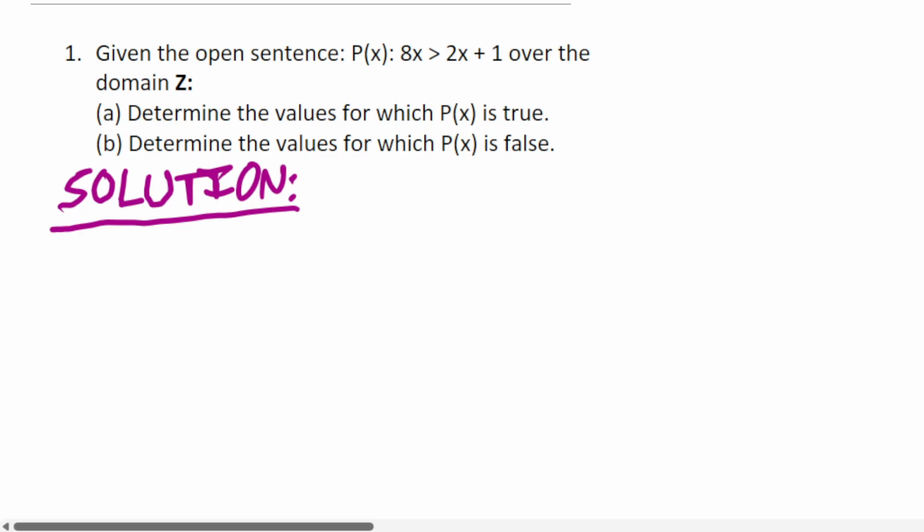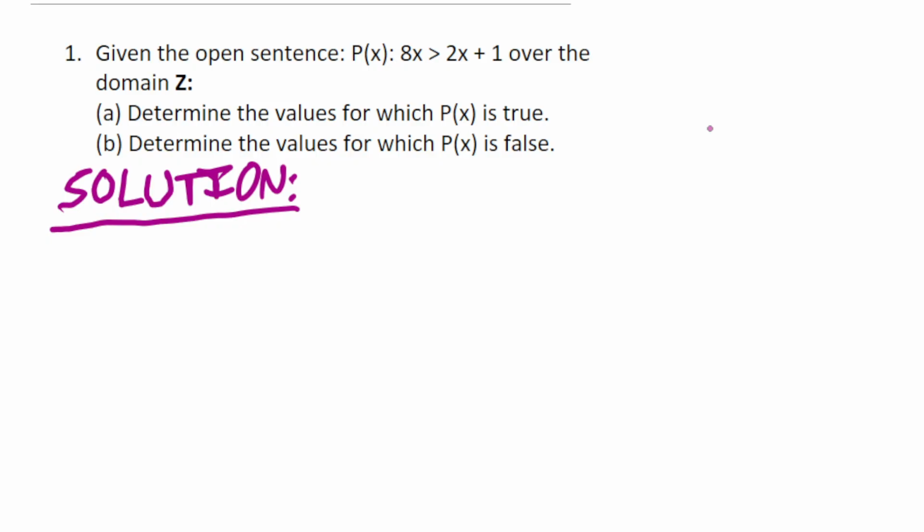All right, so let's look at the first problem. We are given the open sentence P of x, where 8x is greater than 2x plus 1 over the domain of integers. And we are asked to determine the values for which the open sentence is true and the values for which it is false.